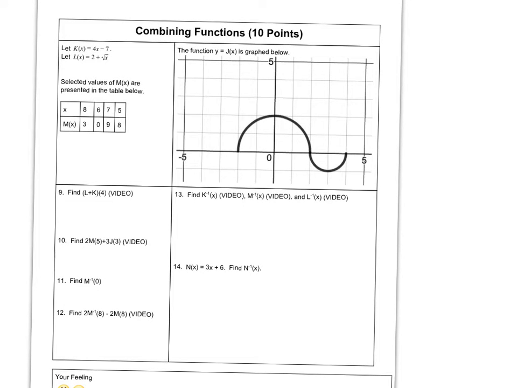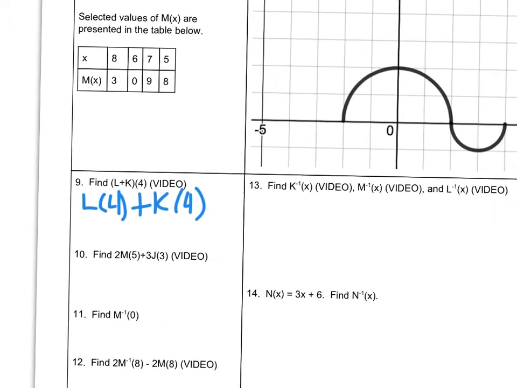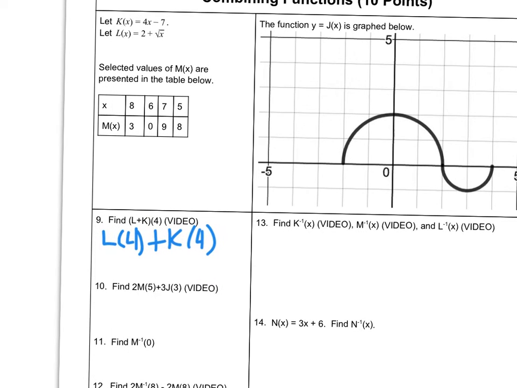Okay, L plus k of 4 means we're looking for L of 4 plus k of 4. Those are my two equations up above. So the first thing I might do would be to do L of 4. I'll do this up here just so I have some room.